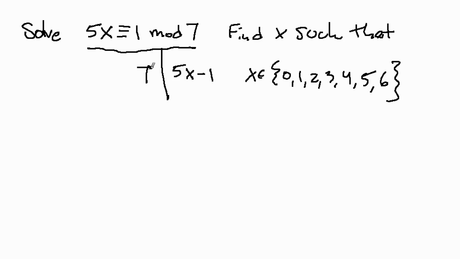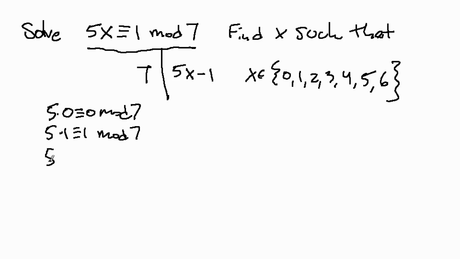Now, an easy way to do this is we could just try stuff. We could go over here, well, 5 times 0, that's congruent to 0 mod 7. And we could go that 5 times 1, well, that's congruent to 5 mod 7. 5 times 2, well, that's equal to 10.